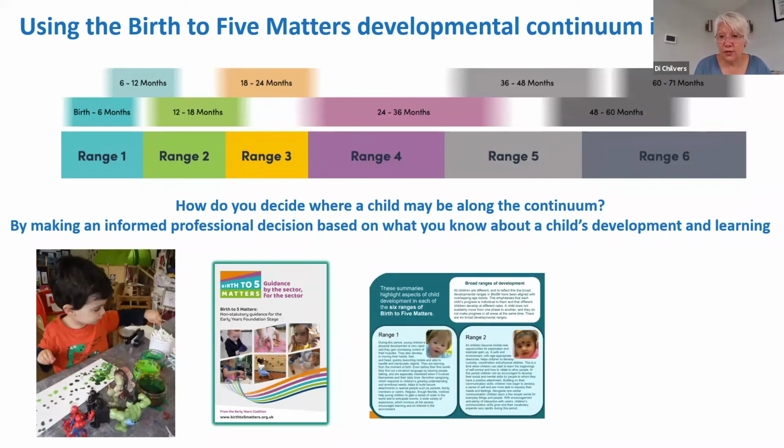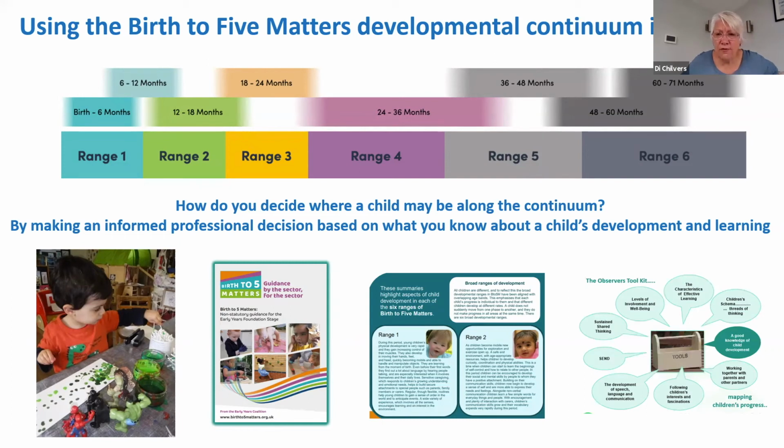So this is this document I was just telling you about that you can use as an aide-memoire. But also don't forget your own observation toolkit. So this is something I talked about in the previous film about building your own toolkit. It's in here, your toolkit. You don't have to go and buy a toolkit. It's in here.